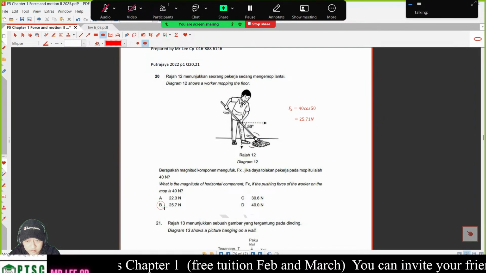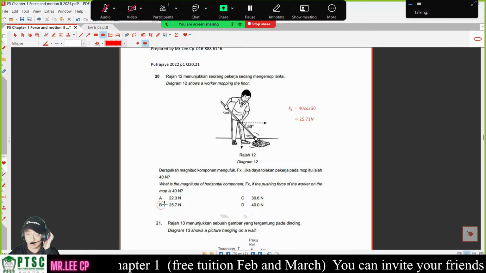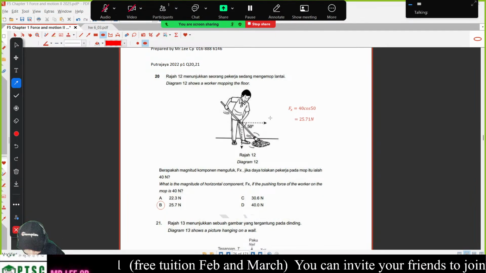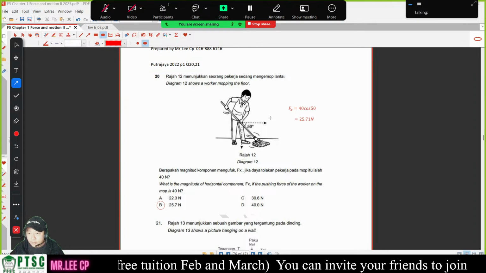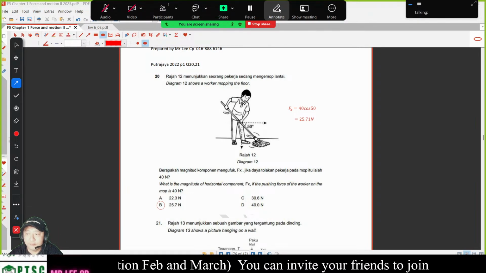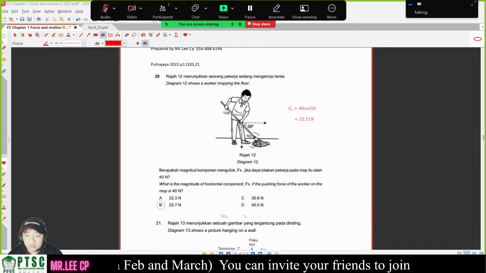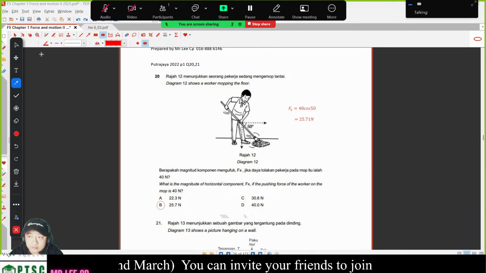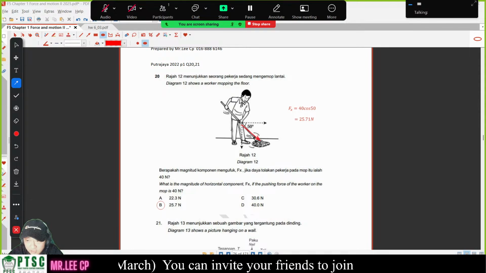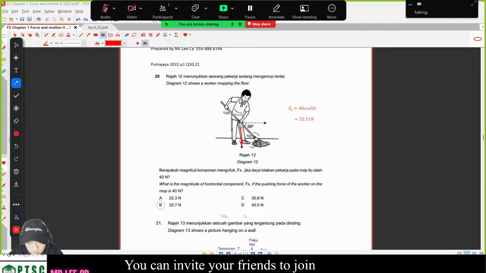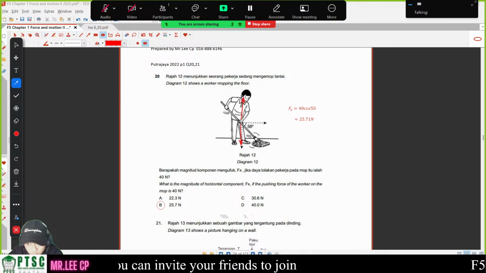Horizontal force. Okay. Now, I want to take this example. For every action, that is pushing down with 40 Newton, there is a reaction. So the one going down is the one going up.